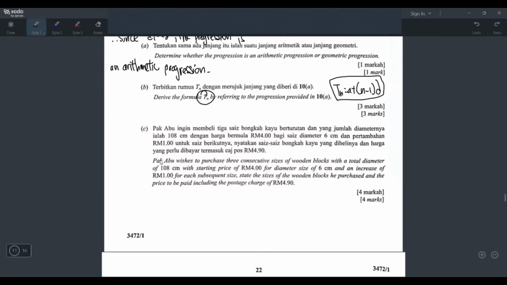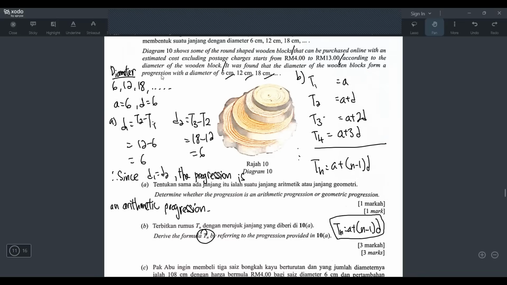Okay, let's read C. Pak Abu wishes to purchase 3 consecutive sizes of wooden blocks with a total diameter of 108. It means Tn plus Tn+1 plus Tn+2 equals 108, because if you buy 3 consecutive diameters, you are taking 3 consecutive terms from this progression.